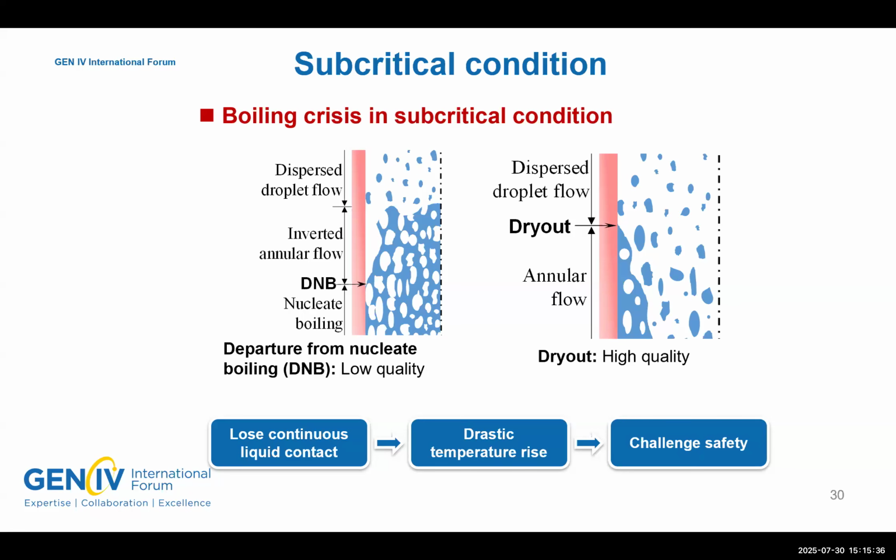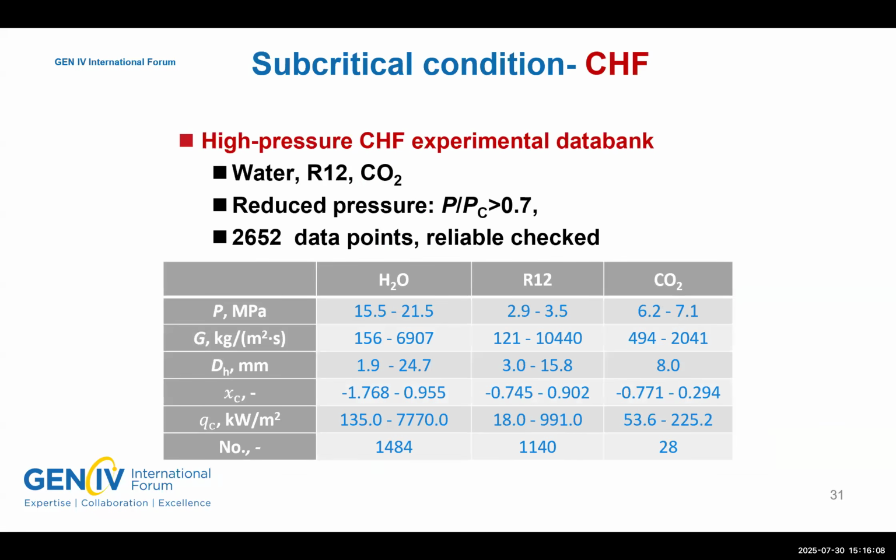I don't want to go into the detail of DNB and dryout, as this is very fundamental thermal hydraulics for the nuclear engineer. DNB usually occurs in the low quality region for the PWR, and dryout in the high quality region in the BWR. Both of these two phenomena can cause a drastic temperature increase and challenge safety.